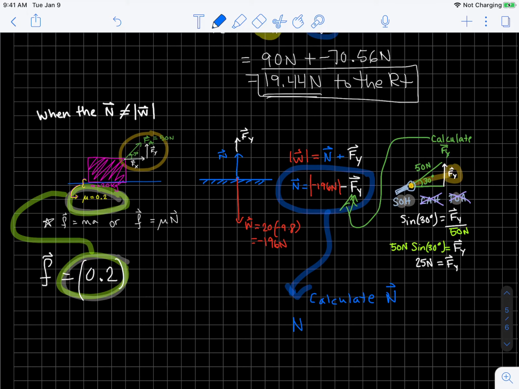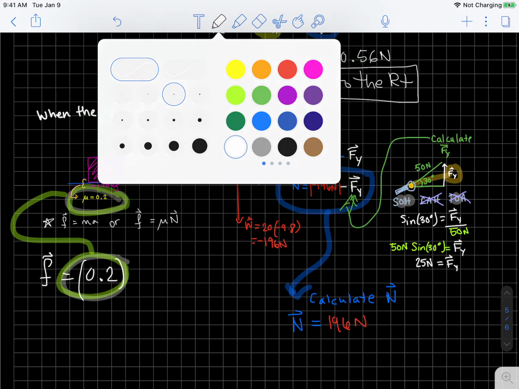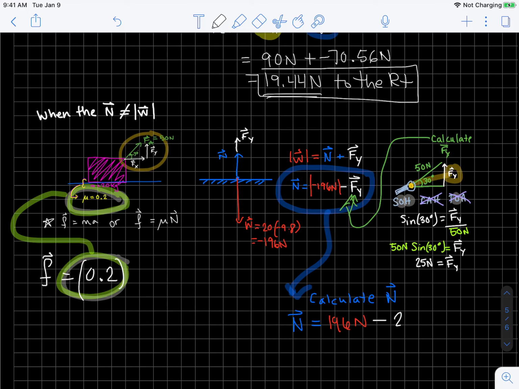So N is equal to positive 196 minus 25. So the normal force is equal to 171 newtons.